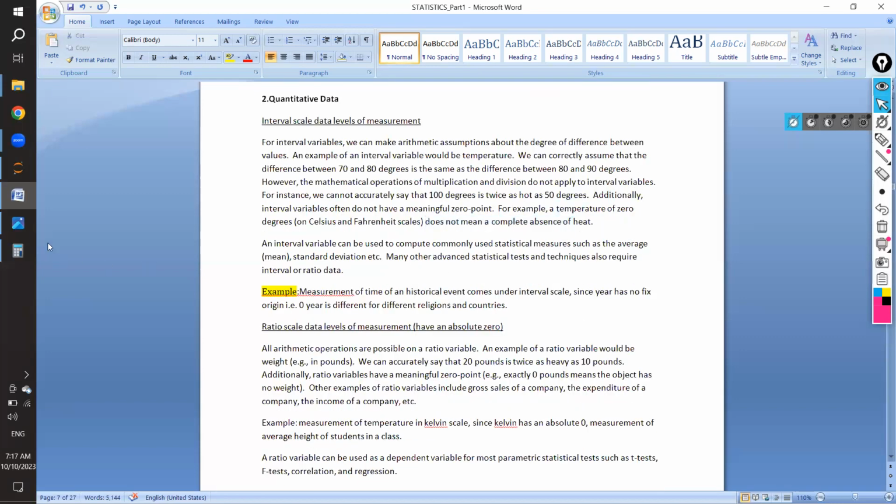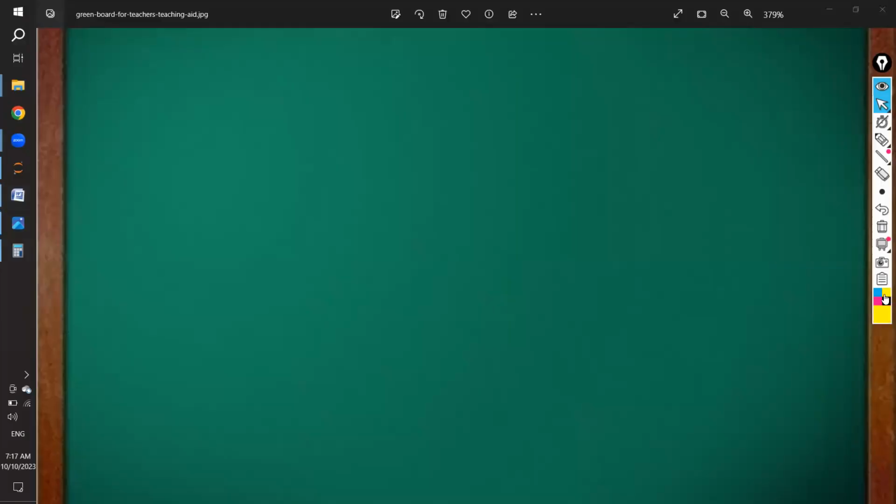Interval and ratio are actually mostly the same. In normal language, when we say its interval is this, its ratio is this, but a minute difference is there, guys.